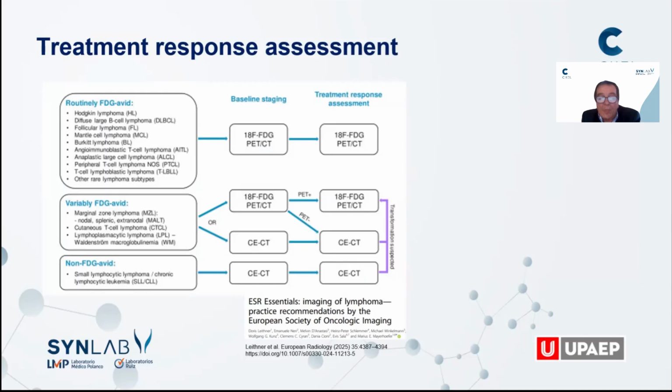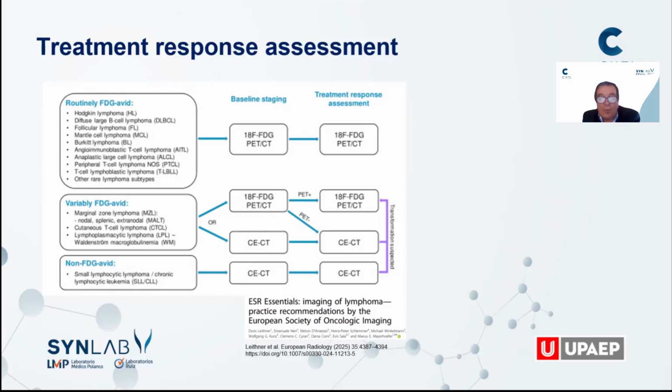In lymphomas with high glucose avidity, the assessment of treatment response must be performed by PET-CT. While in lymphoma with variable glucose avidity, assessment of treatment response has to be carried out by PET-CT only if the patient has a positive PET-CT scan at baseline.